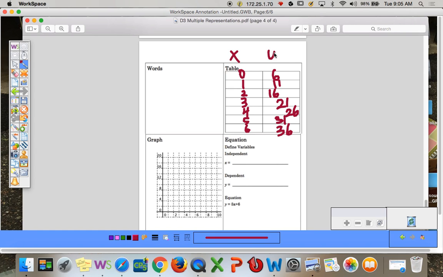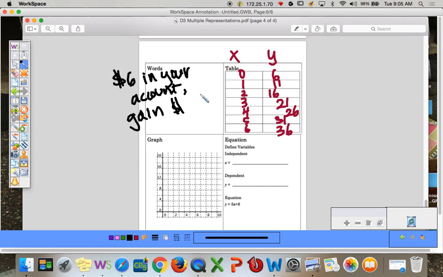And let's pick our variables and make a situation here. So let's say you start with $6 in your account. And you gain $5 a month, we'll say. All right, so X will be time, number of months.